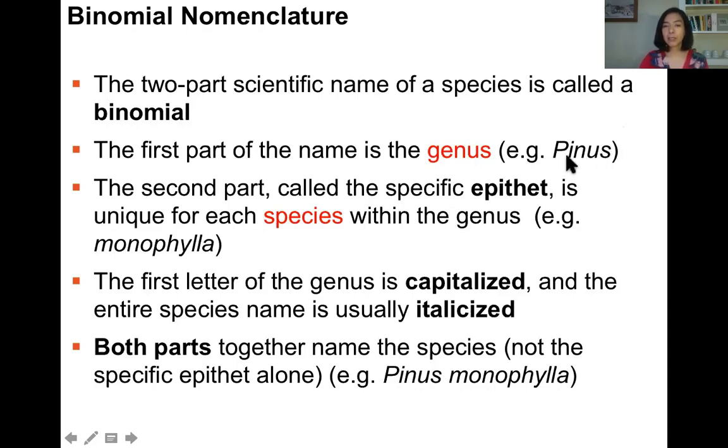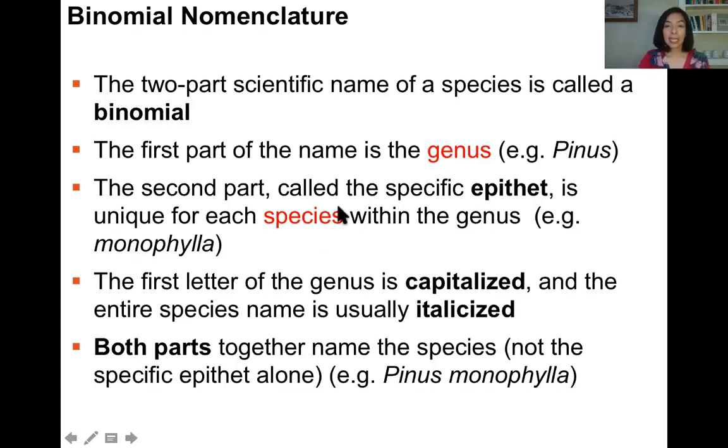The scientific name is going to be in italics, and it is composed of the genus and the epithet. The epithet is a word that is unique for each species in that genus. If you remember the example of the pines that I studied in my lab, Pinus monophylla, the epithet is monophylla, and that means mono, one, and phylla, the bundle, one leaf per bundle.